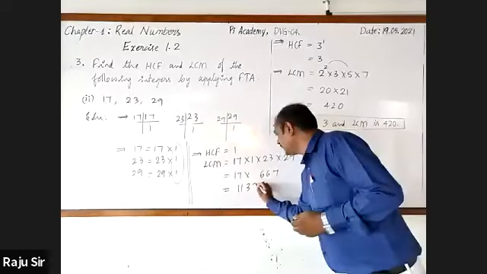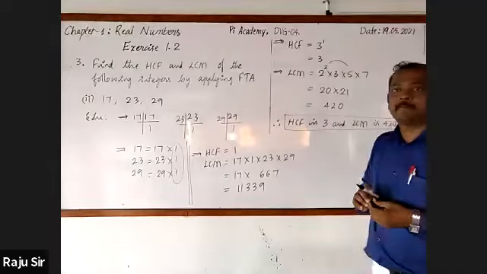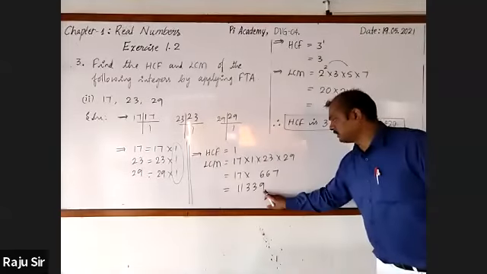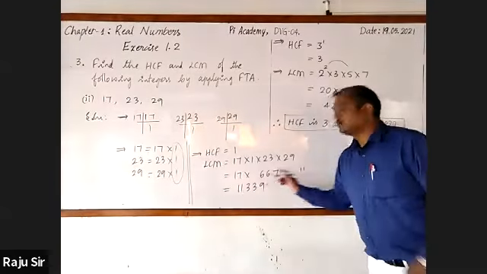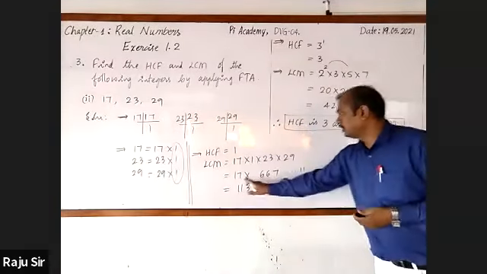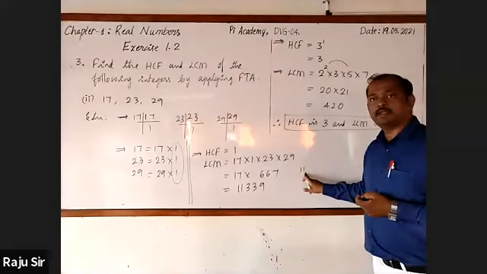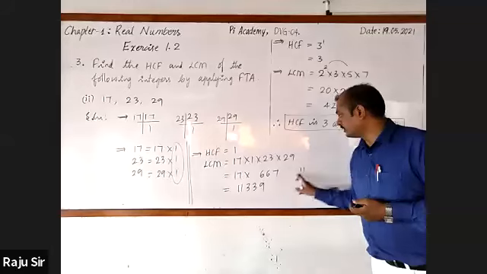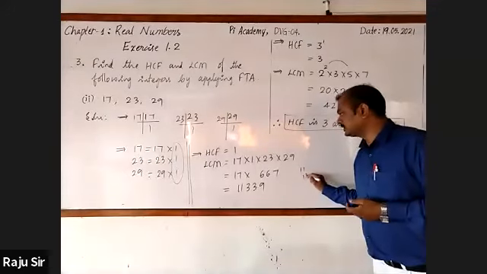11,339. 17 sevens are 119. 11 is the carry. 17 6s are 102. 102 plus 11 is 113. 11 is the carry.